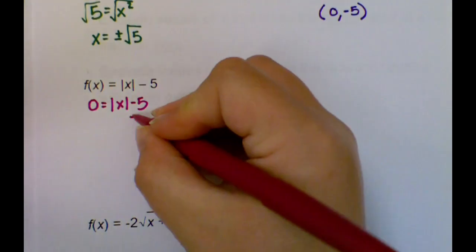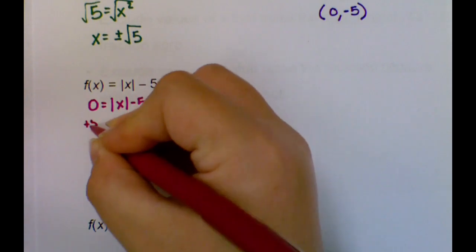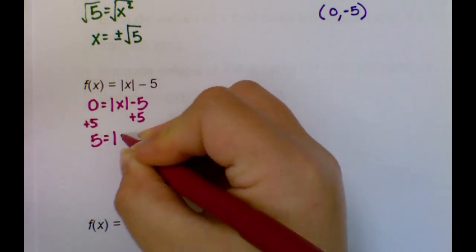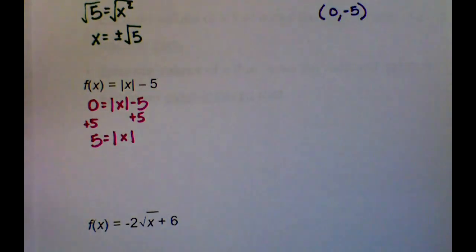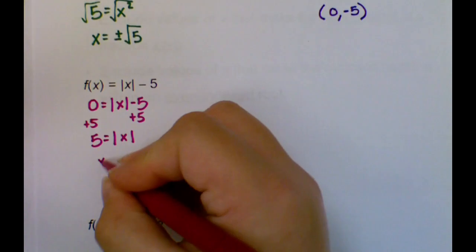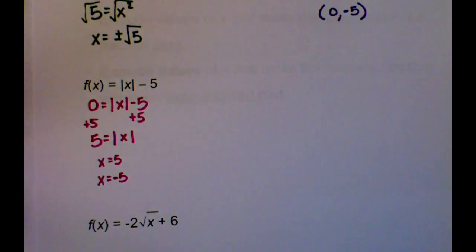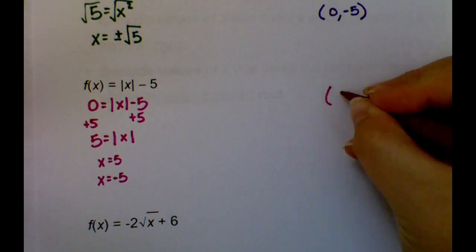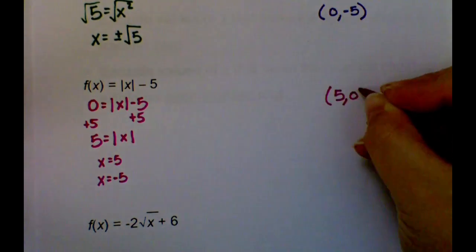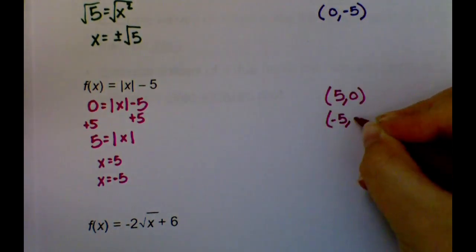Then we add the 5 to both sides. If 5 is equal to the absolute value of x, well then x could have been 5. Or remember that x could have been negative 5 because the absolute value of negative 5 also comes out positive. So two x-intercepts, 5, 0, and negative 5, 0.